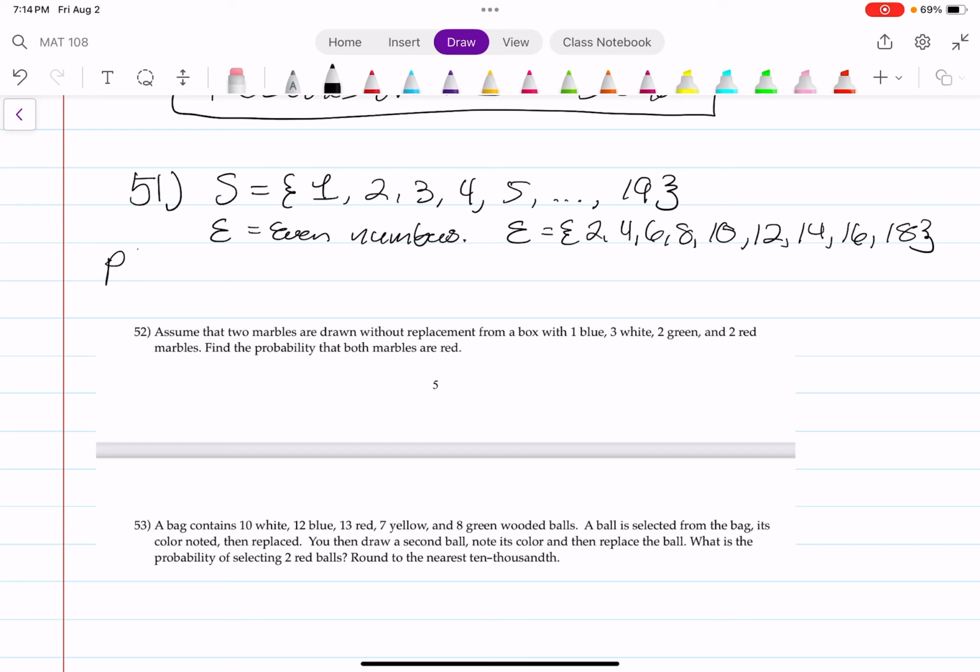So to find the probability of an even number, that is the cardinality of the even numbers divided by the cardinality of the numbered balls in this case. I'm going to erase this because I want to edit it. Even balls.